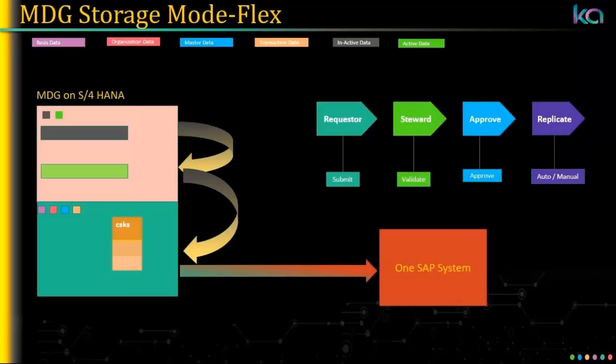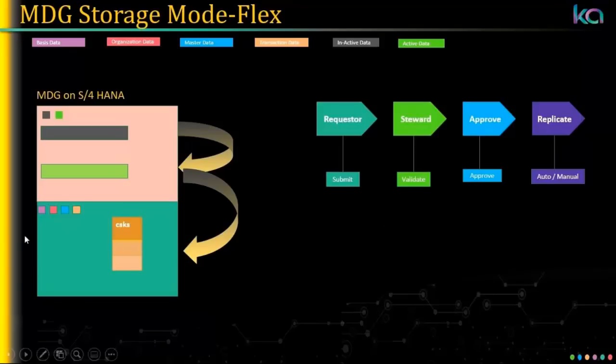From here again, if you want to replicate the data, we will replicate it to that operational ECC system if it is a hub deployment model. Else, if it is a co-deployment model, the data will be available in the CSKS table.